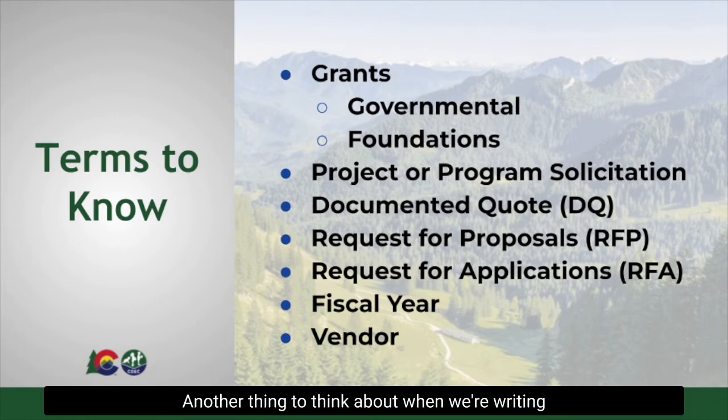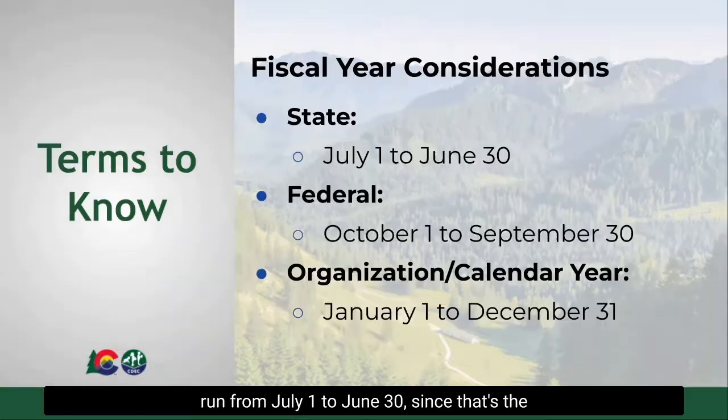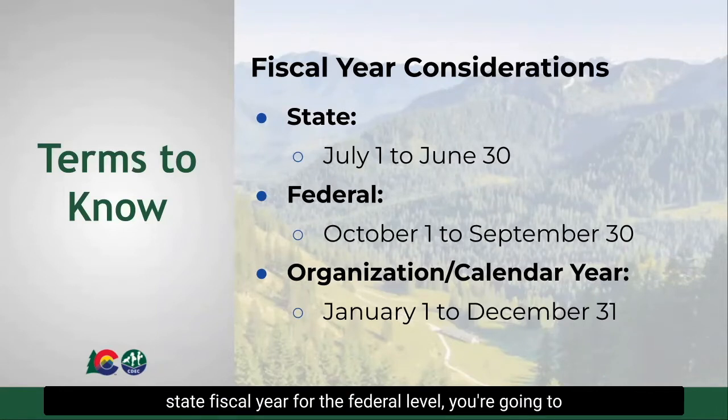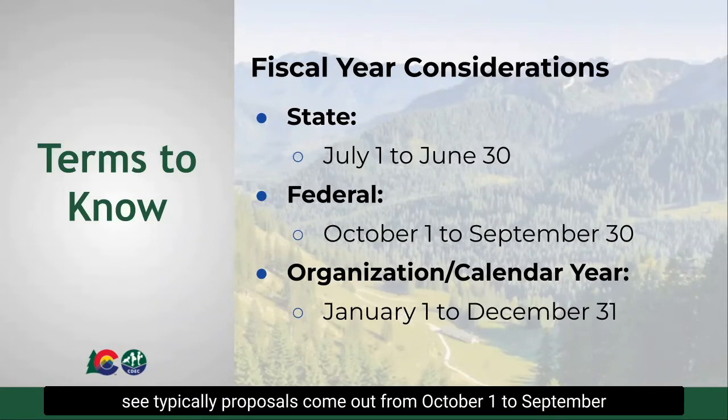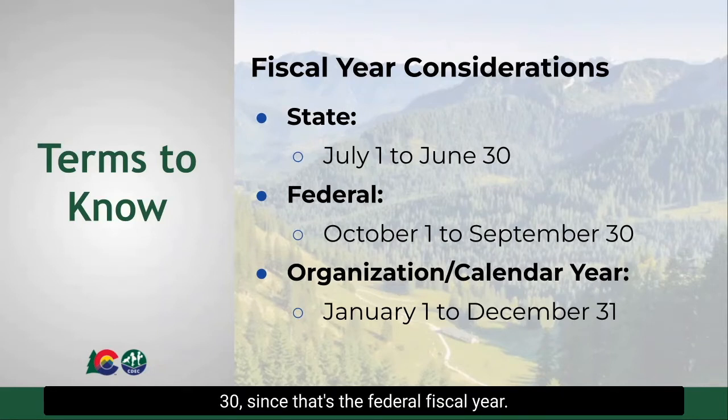Another thing to think about when we're writing grants is there are some fiscal year considerations. Typically, when you look at state funding, it's going to run from July 1 to June 30th, since that's the state fiscal year. For the federal level, you're going to see typically proposals come out from October 1st to September 30th, since that's the federal fiscal year.